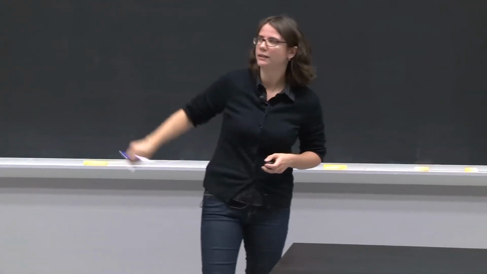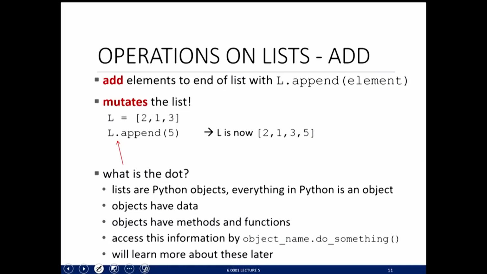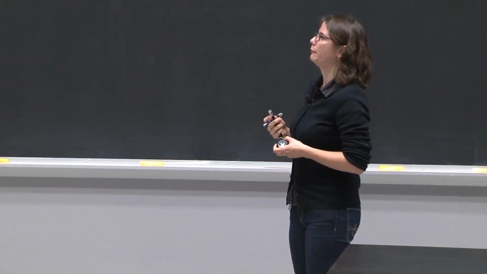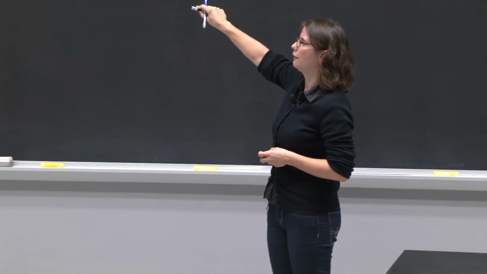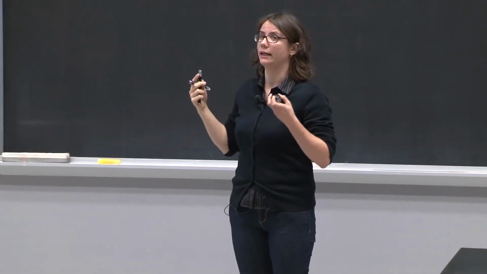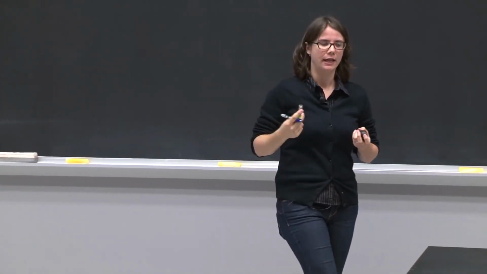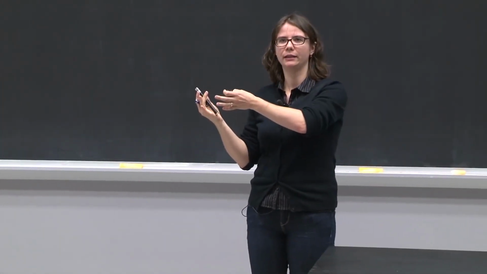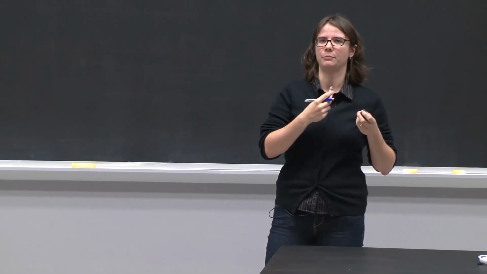Okay? But now what's this dot, right? We haven't really seen this before. It's going to become apparent what it means in a few lectures from now. But for the moment, you can think of this dot as an operation. It's like applying a function, except that the function that you're applying can only work on certain types of objects.